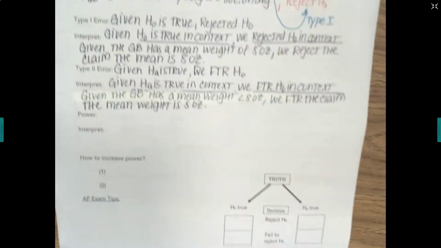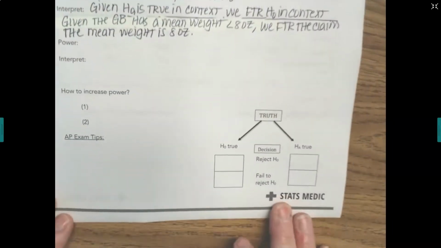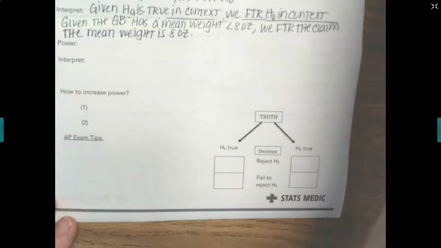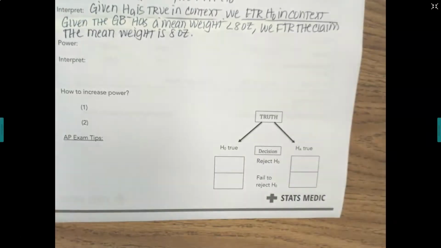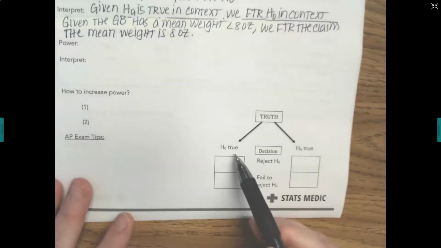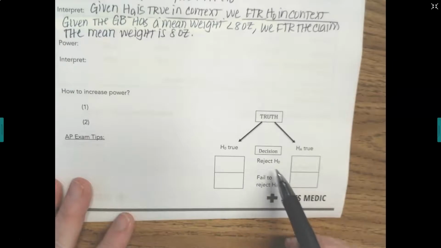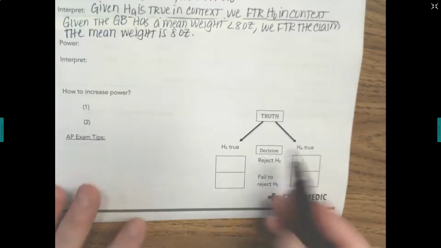Okay, so let's go through our kind of organizer down here of our truth statements and what kind of errors you can get out of them. So the overall truth, is the null true, is the alternative true? So if our null is true and we reject the null, that's your type 1.